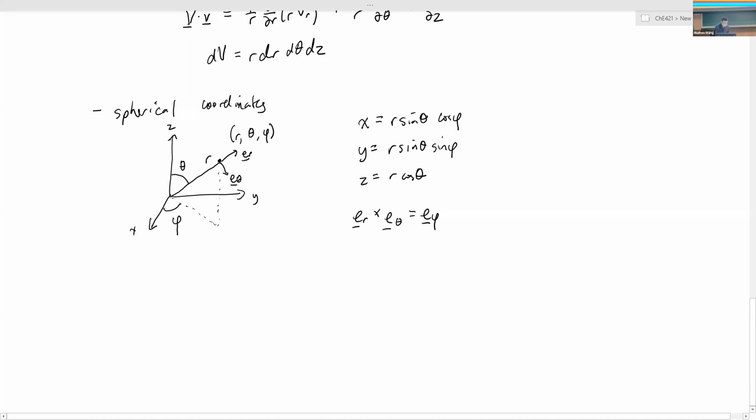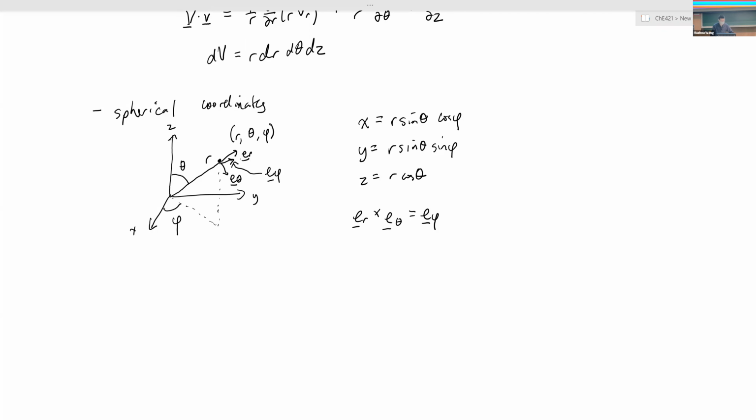And then phi, it's hard for me to draw here. I'll just say it goes in that direction. It's the direction of increasing phi. It's supposed to go into the page a little bit, sort of looping around, going into the page. And that's why, if you look at the right-hand rule, E r cross E theta is going to be equal to E phi.